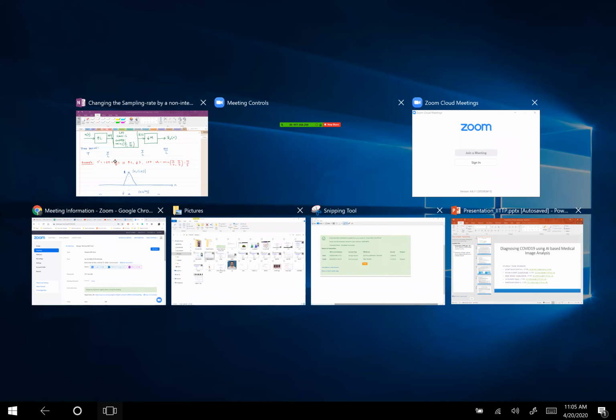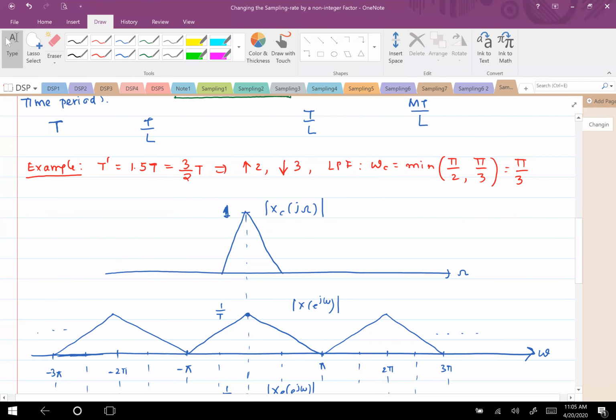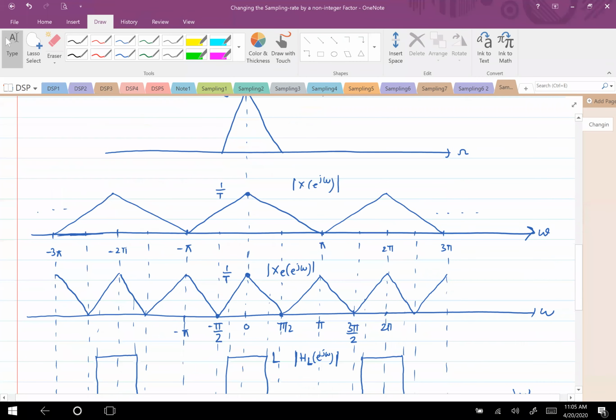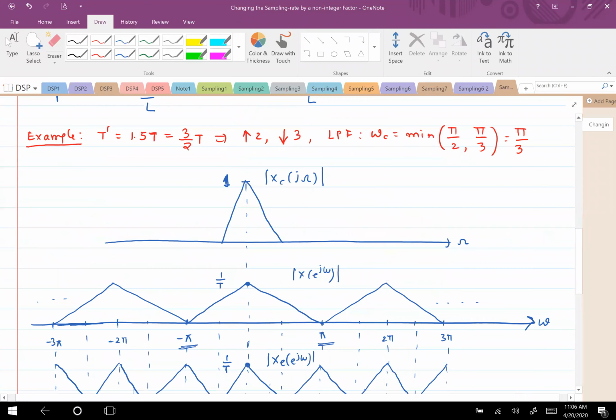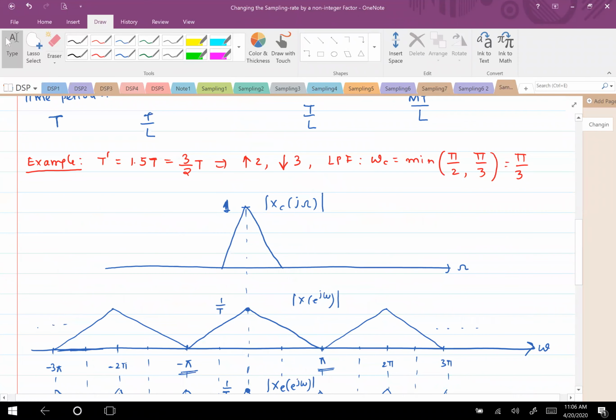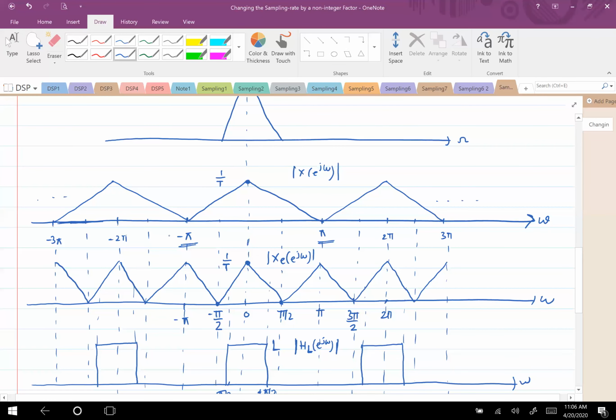So then we had a look at an example. The same thing, t prime equal to 1.5 times t. We took a signal which is there from minus pi to pi. Then what would happen to the expander? 1.5 t, that is 3t by 2, means you need to upsample by 2. We have seen that the whole thing gets scaled, shrinks by 2 here.